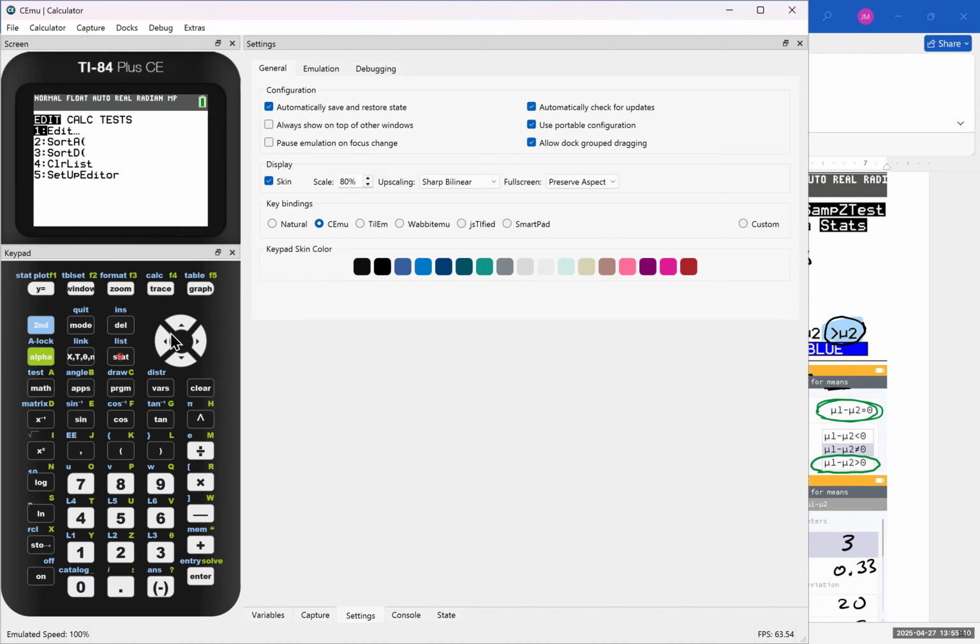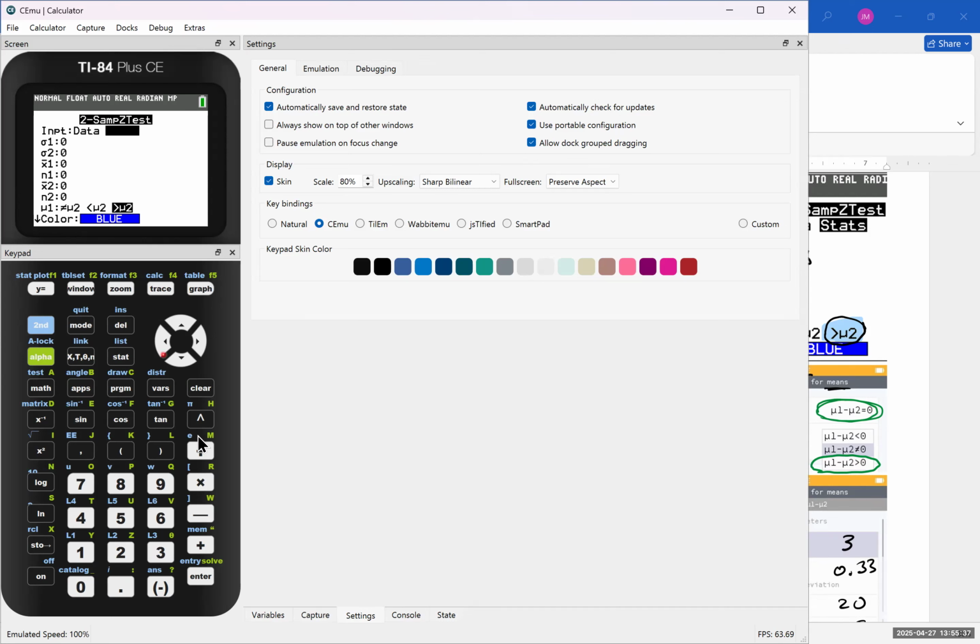I'm going to hit the stat button, go to tests, and you see I want a 2-sample z-test. We're doing a z-test because we're dealing with a normal distribution, because the population standard deviations are known. So I'm going to hit enter. Okay, we're dealing with the statistics. So now we just have to put in these values.